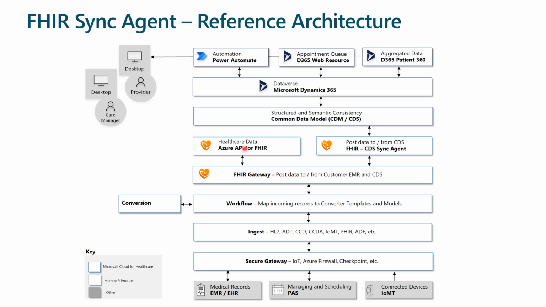Instead, Azure API for FHIR with the help of FHIR Gateway or proxy is responsible for this. Any changes coming from EMR will be routed to the FHIR proxy, to FHIR, and eventually to Dataverse. Same happens when a change from Dataverse comes through.